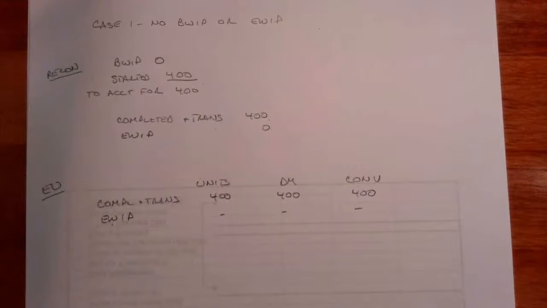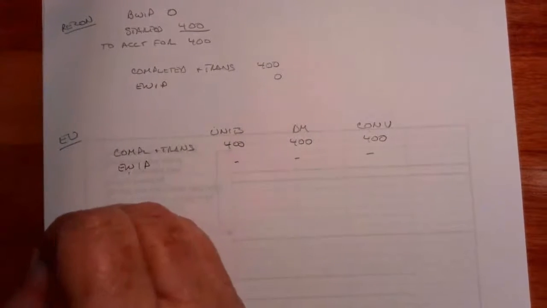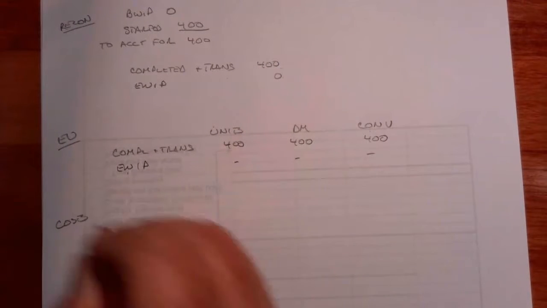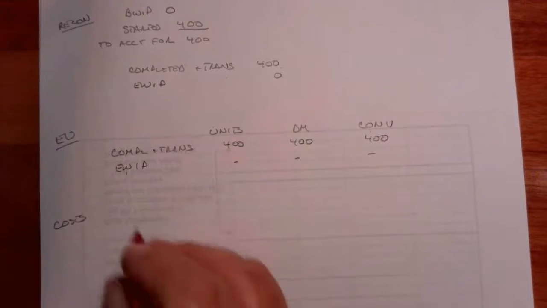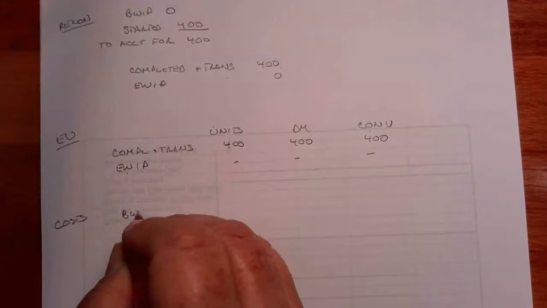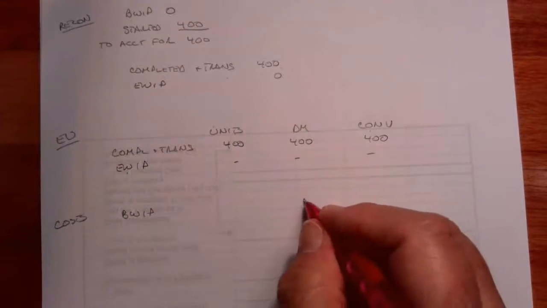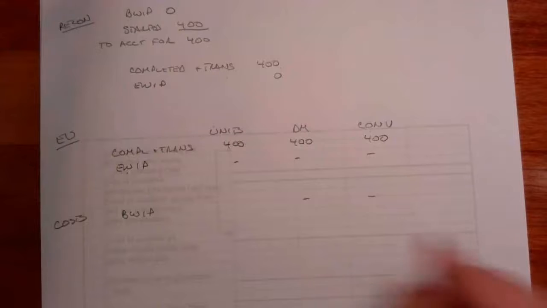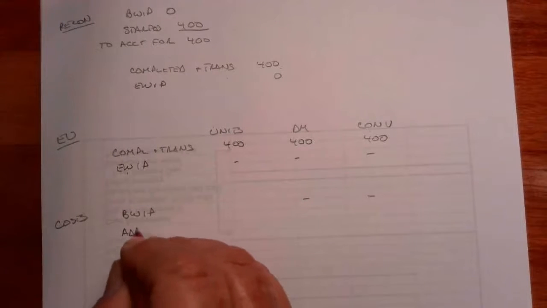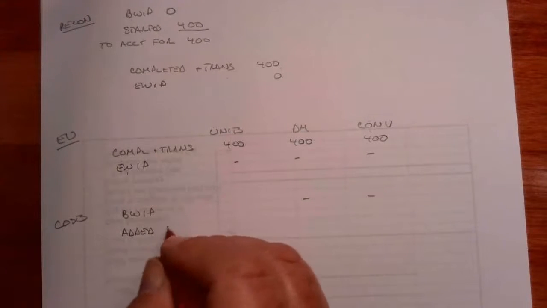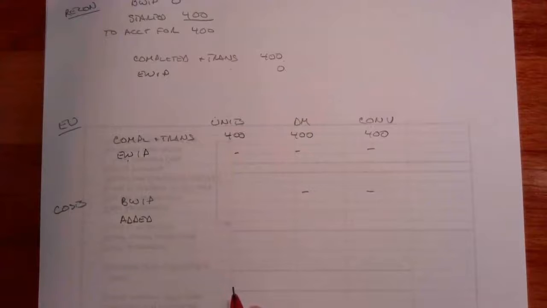Okay, the next thing that we look at is costs, and our costs come from BWIP, beginning work in process, and in this case it's 0. There's nothing there. But then we've got another category called added this period. Okay, what costs did we add?